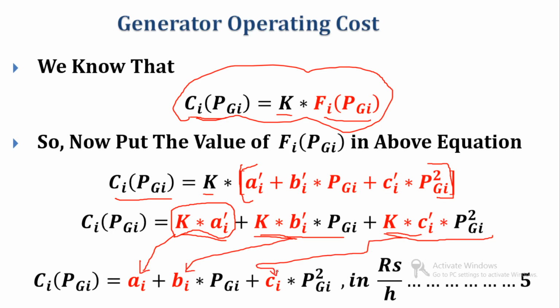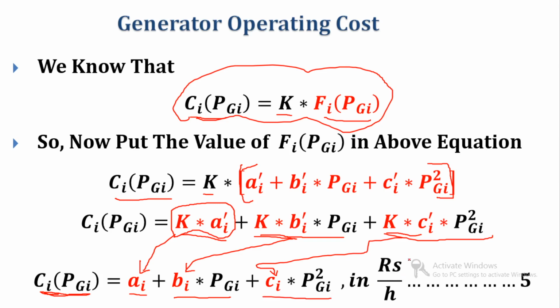So this is the equation for the cost to generate the Pg amount of power at ith unit of a particular plant, and that is equal to Ai plus Bi into Pgi plus Ci into Pgi square.